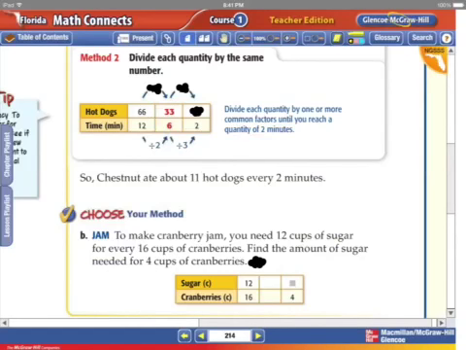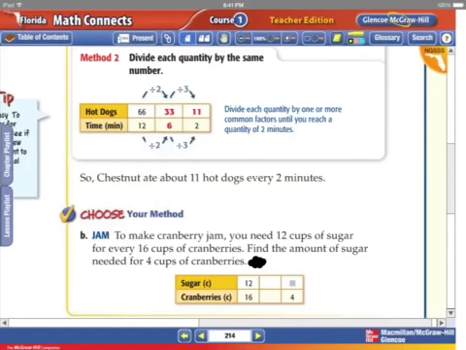And then we can take that 6 and we can divide it again, and we will get down to 2. And remember, if we do the same thing to the top and the bottom, because we're looking at equivalent ratios, same thing here, divide by 2, because we divided by 2 here. So 66 divided by 2 gives us 33. And then we're going to divide by 3, just like we did on the bottom here. So 33 divided by 3 gives us 11. And that tells us that in 2 minutes, he ate 11 hot dogs.